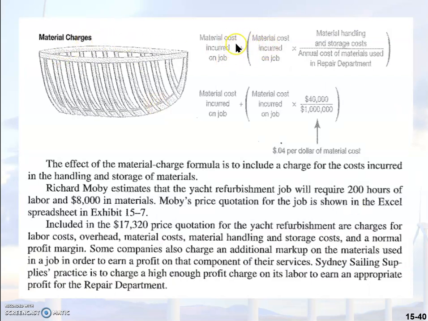Material charges: we have the material cost incurred on the job plus, in bracket, material cost incurred on the job multiplied by material handling and storage cost. This is the $40,000 divided by annual cost of materials used in the repair department, which is 1 million. So we know that it's 0.04 per dollar of material cost multiplied by material cost incurred on the job, and that's a part of the overhead.